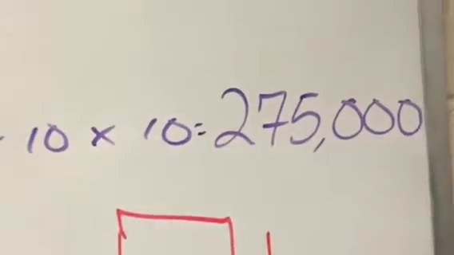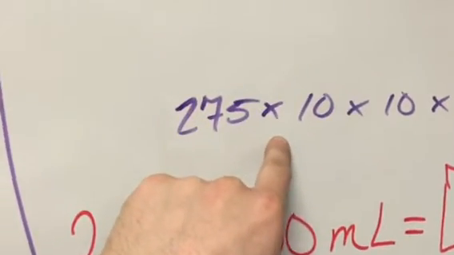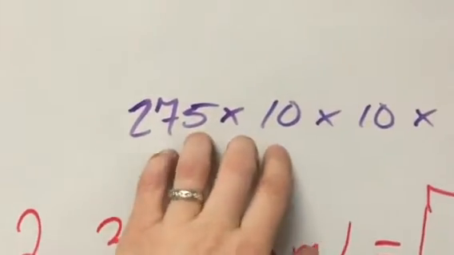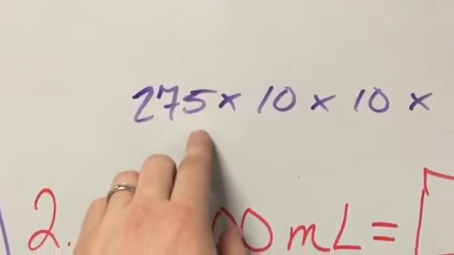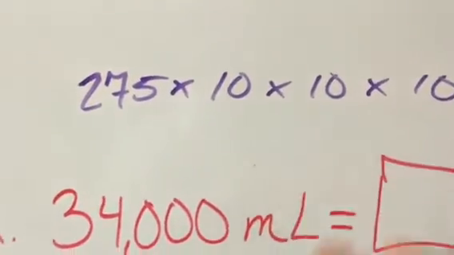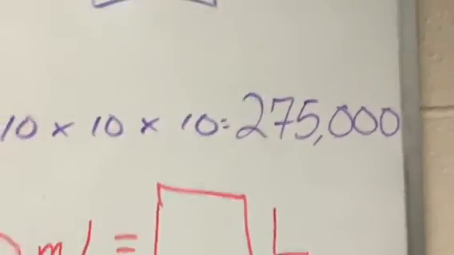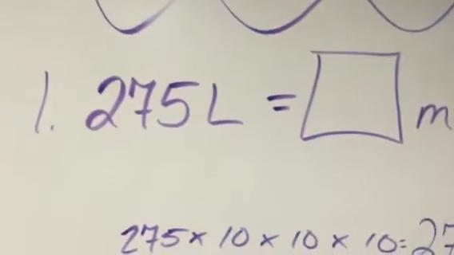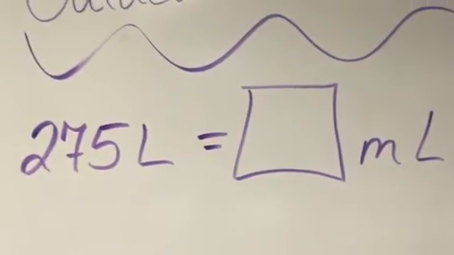So 275 times 10 is 2,750. I take that answer, multiply that by 10, and that's 27,500. And then I take that answer, multiply by 10, and that gives me my final answer of 275,000. So 275 liters equals 275,000 milliliters.